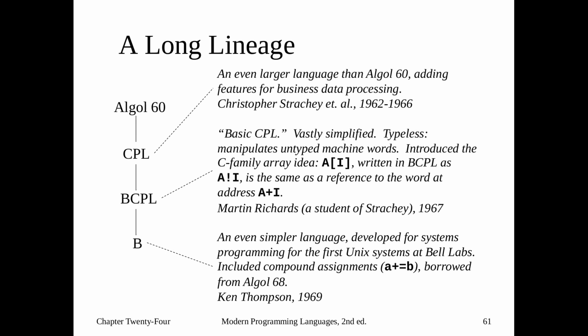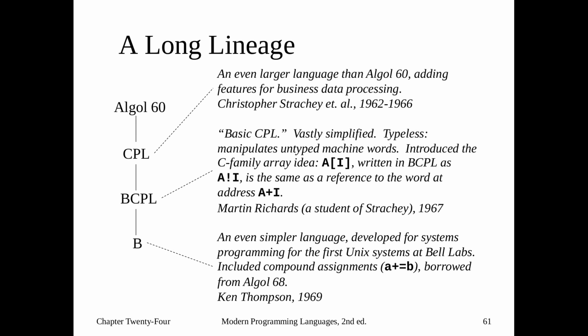But they called it A bang I, or the exclamation point I, which is the same as a reference to the word address A plus I. Interestingly enough, that's how C is actually doing it. So this was created by Martin Richards back in '67.